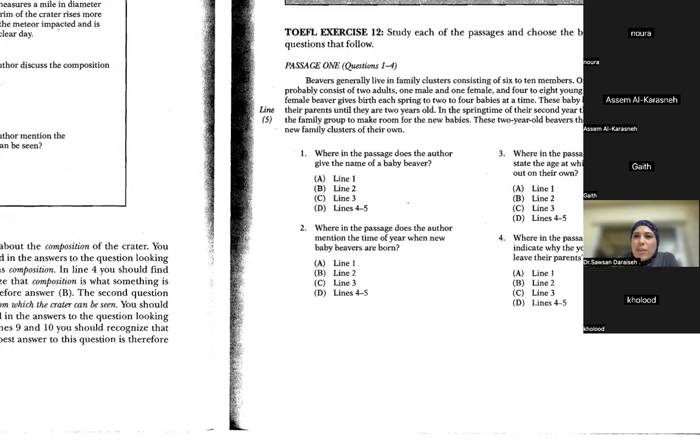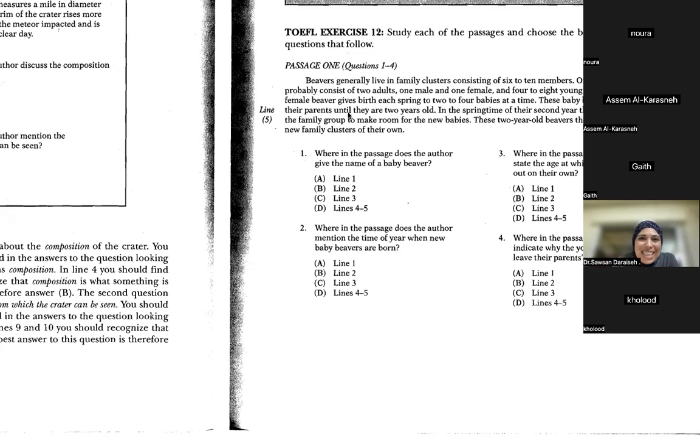The baby beavers live with their parents until they're 2. So this states that after that they leave. And over here, it also restates this: in the springtime of their 2nd year, they are forced out. So 2 times it's said here that they leave, in an indirect way.